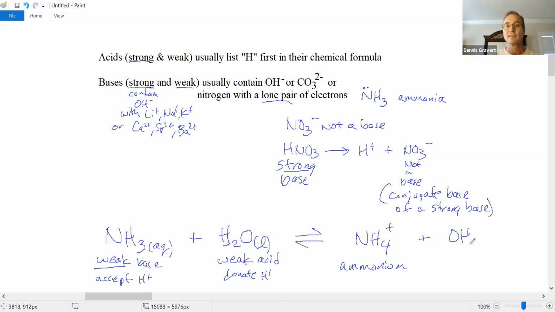You only have 1 H. And water, you were neutral and you kicked out something positive. So now you're more negative. Yeah, you turned into hydroxide ion. Which, is that an acid or a base? The strong bases contain hydroxide. So hydroxide itself in solution acts as a strong base. It is a base.